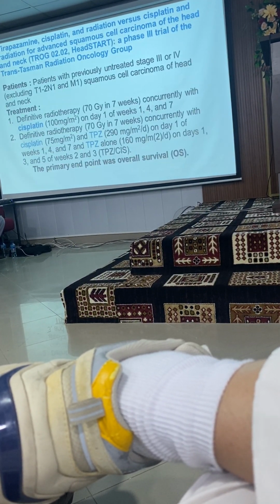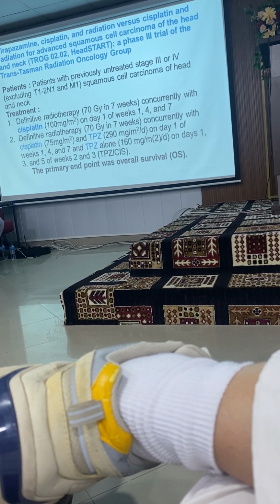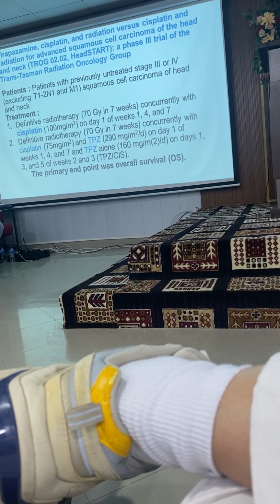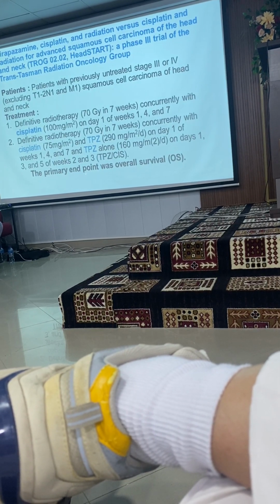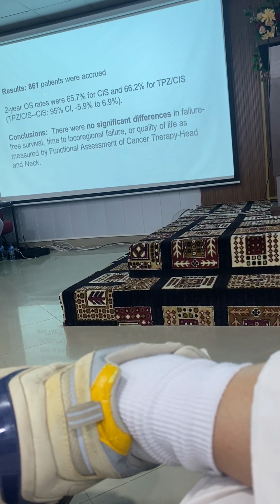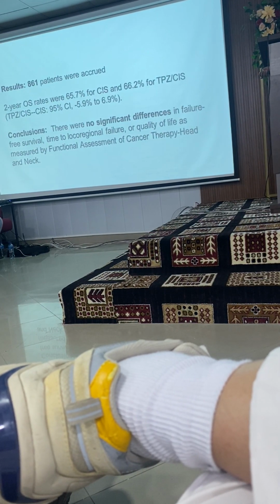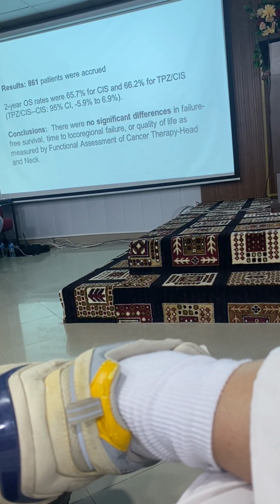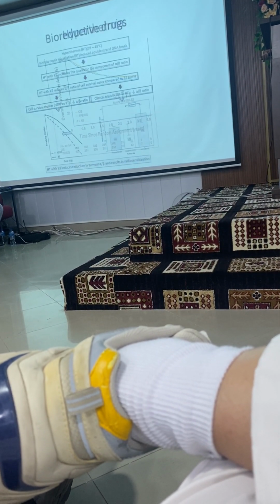But a phase 3 trial was done which randomized the patients into two groups: CCRT versus CCRT with cisplatin and tirapazamine, with the primary endpoint of overall survival. 861 patients were accrued and the overall survival was 65% for concurrent chemoradiotherapy and 66% for the tirapazamine arm. So there was no significant difference between these two groups.